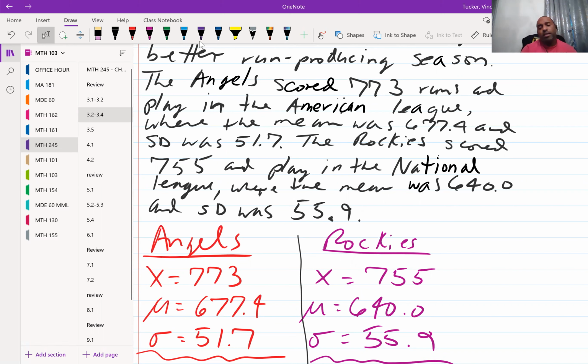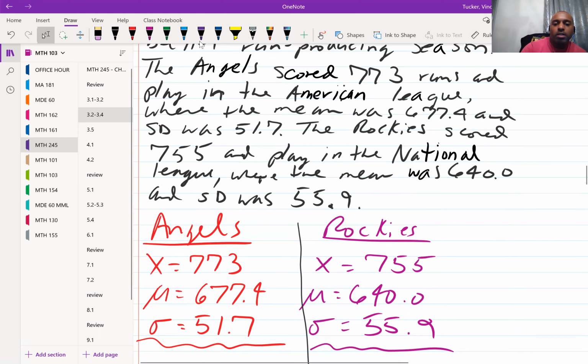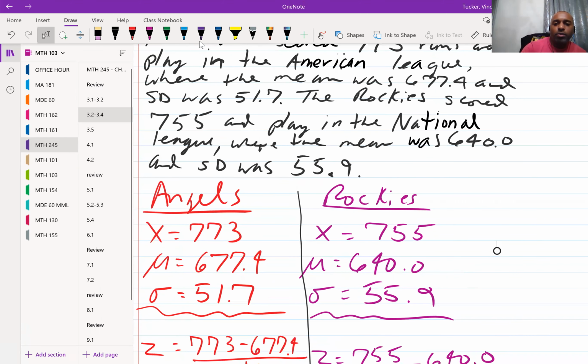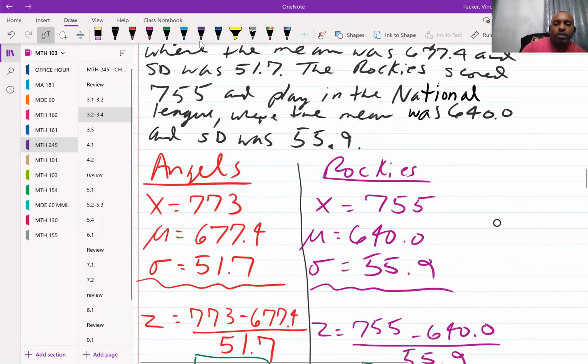Now the Rockies, 755 is their run producing season, and the mean for the National League is 640, standard deviation is 55.9. So I just wrote down all of the given information and gave it the symbols. All right. Now we'll find the Z-score for each, respectively.